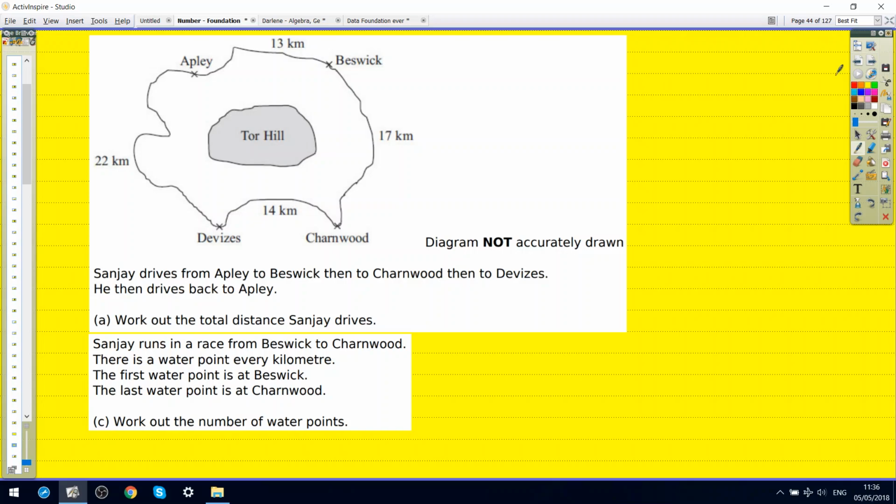What's the last point? Number of water points. Oh yeah, this one. How does this work?